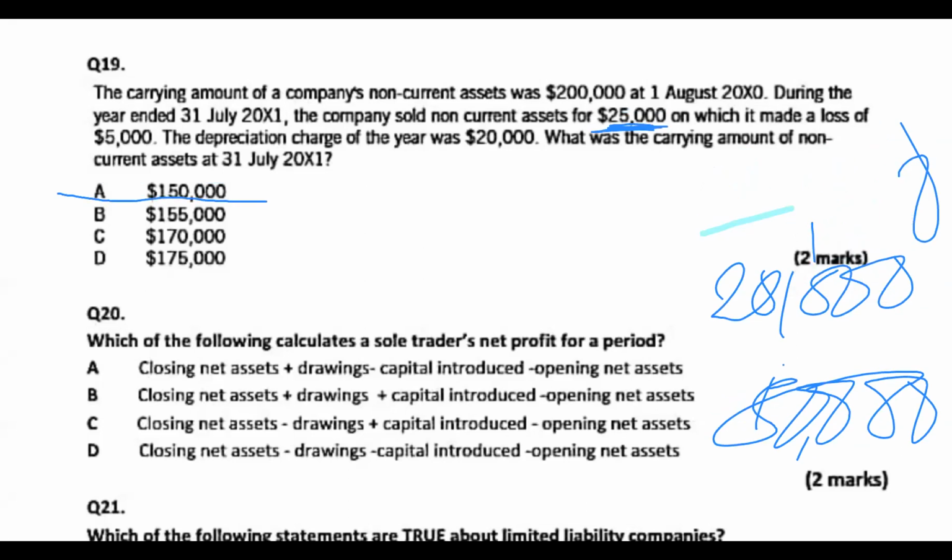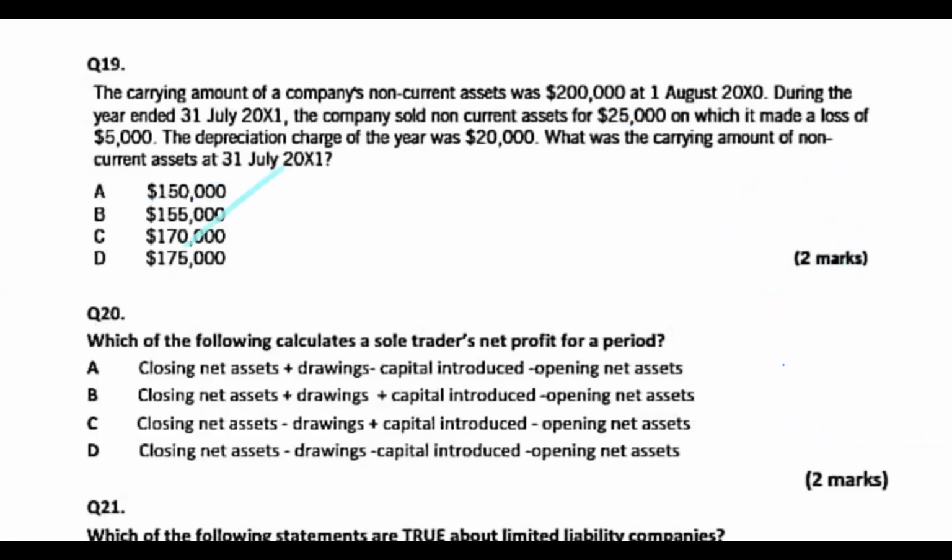The figures that made the 30,000 were, number one, we sold the assets that are worth 25,000, right? So we no longer have those assets out of the total of 200. Then plus a loss of 5,000, that makes 30,000, right? Then plus the 20,000 that is charged on a straight line depreciation method. That should give you 50,000, and then you get 150.